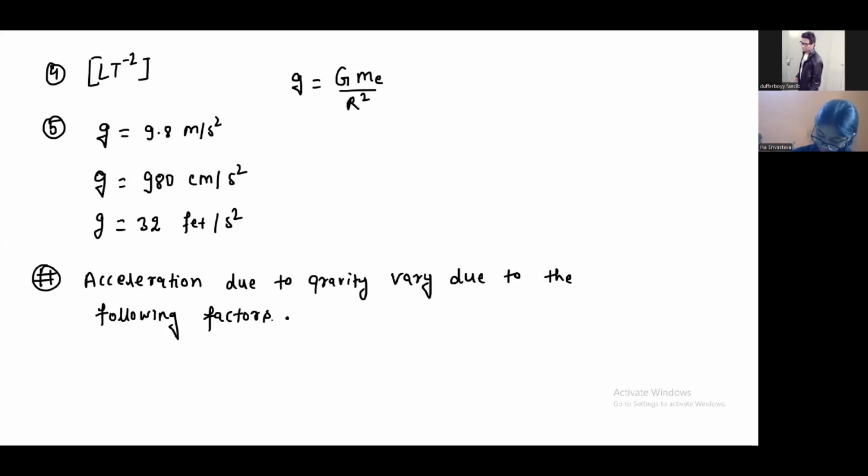That means there are the following factors where the g value will change.